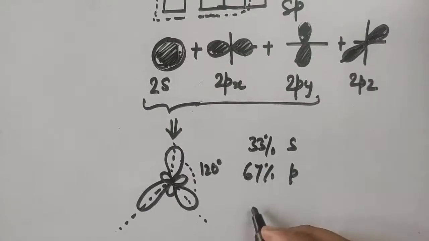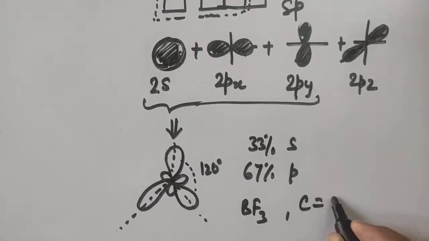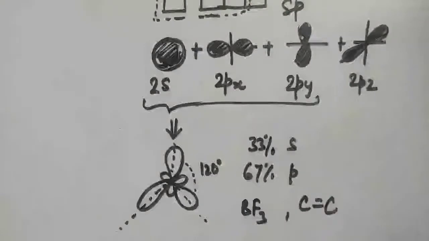An example of this type of hybridization can be seen in boron fluoride, and in carbon compounds that contain a carbon-carbon double bond. Here carbon is sp2 hybridized.